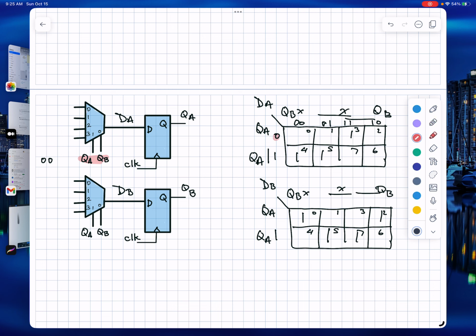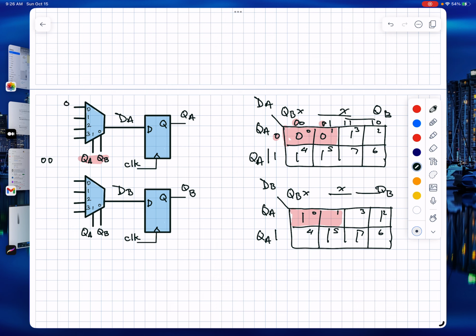I can check out the bits here, and I see QA equals 0, QB equals 0. These squares correspond to 0, 0. That would be true on both Karnaugh maps. Now I essentially have a one variable Karnaugh map involving X. On the first one, there are 2 zeros here, so for dA, I would tie the 0 input to simply 0.